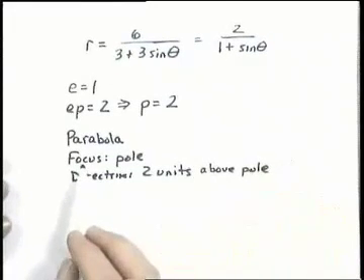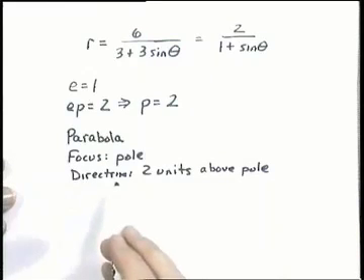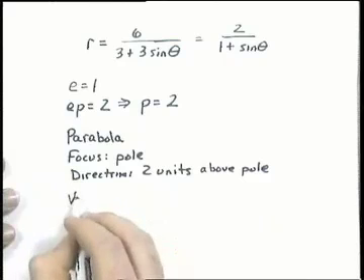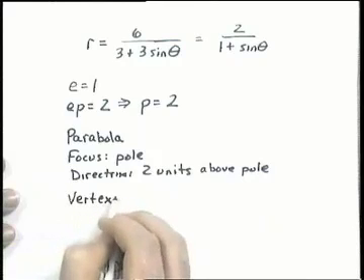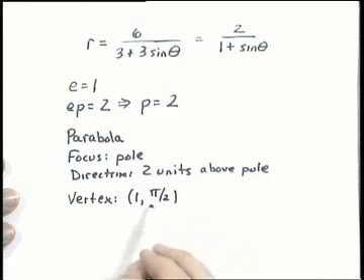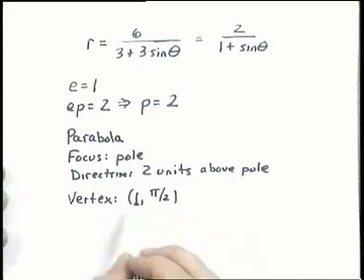The midpoint between the focus and the directrix represents the vertex of our parabola. So the vertex is going to be at the point 1 comma pi over 2, because the vertex has to lie on the positive y-axis, if you will, and the midpoint between 0 and 2 is 1.